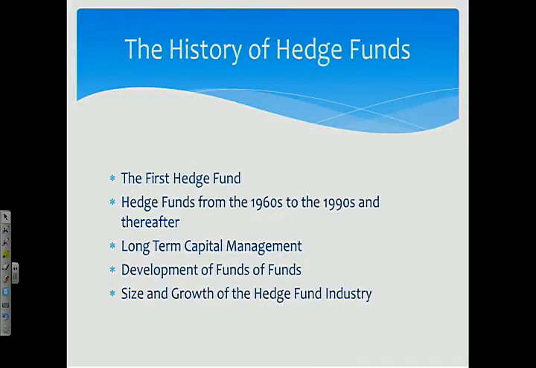From 1995 to 1997, LTCM had an annual average return of 33.7% after fees. At the start of 1998, LTCM had 4.8 billion in capital and positions totaling 120 billion dollars on its balance sheet.